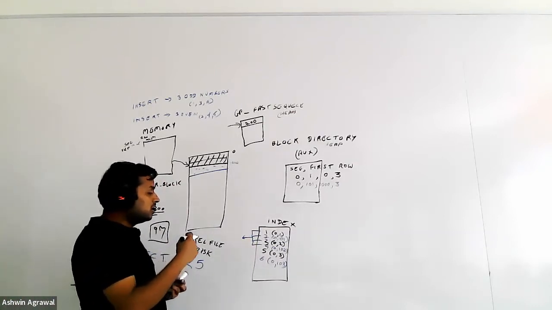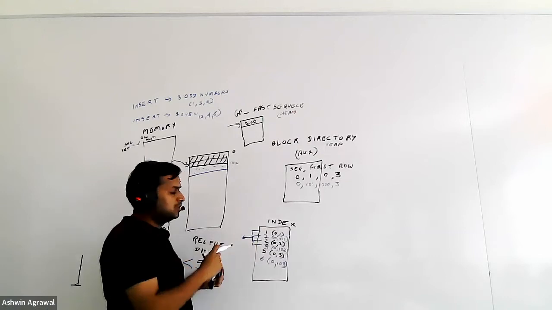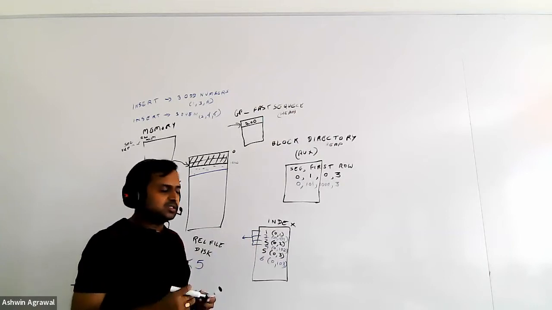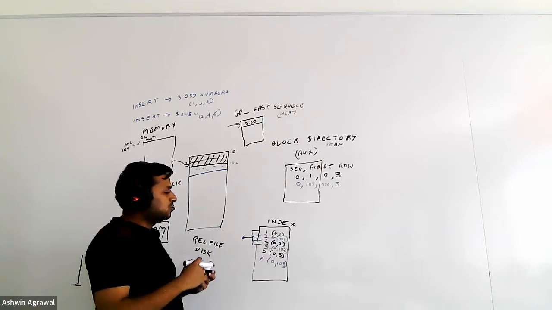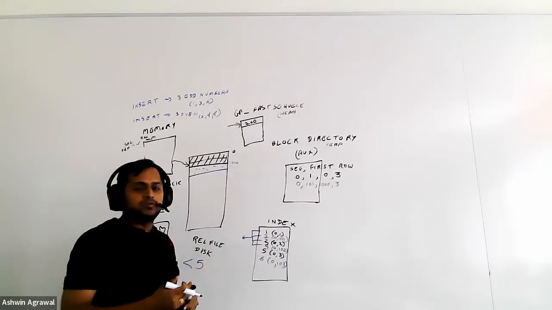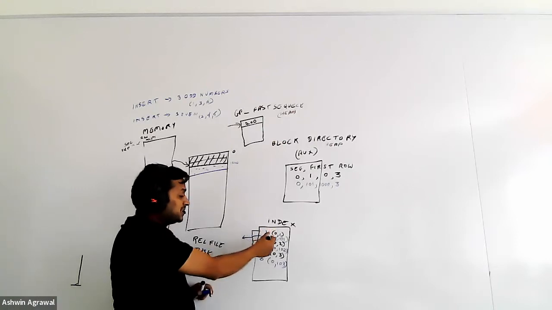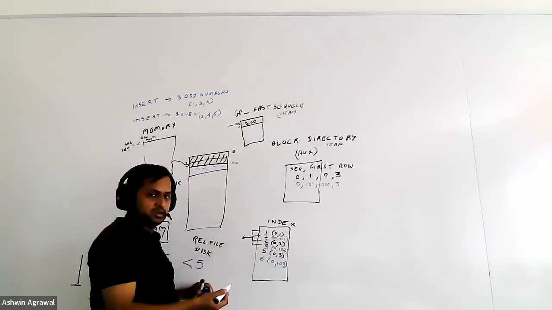Now, if we do a normal index scan, the way an index scan is done for heap tables, then that question would get answered of why it becomes inefficient for AO tables. Let's say the index gives us all these rows to be returned.